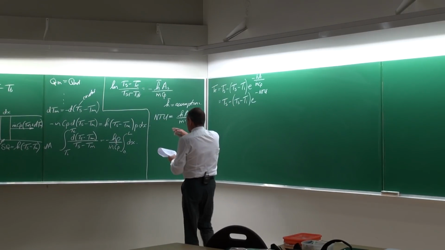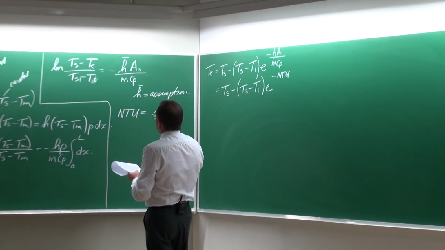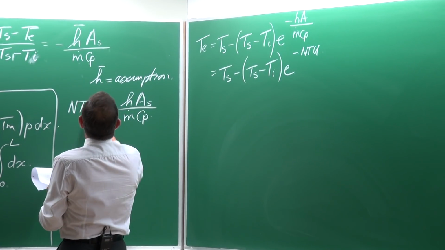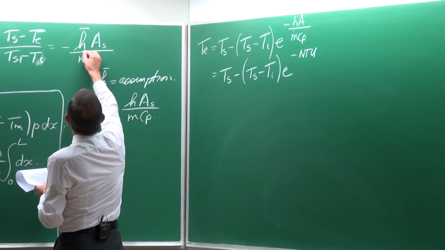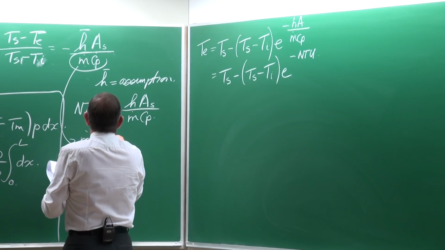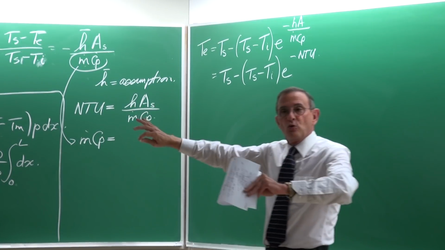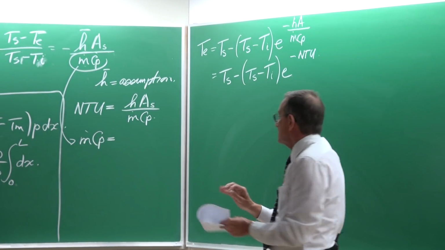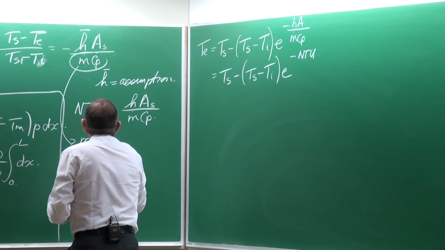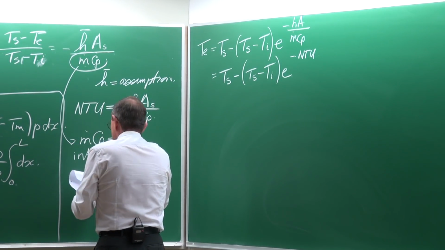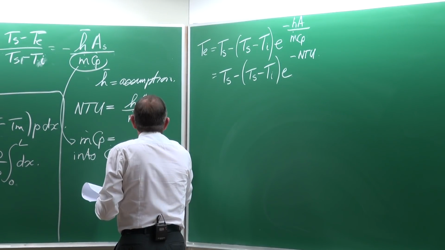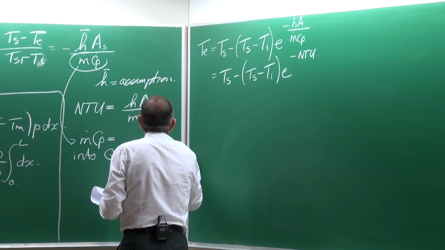Okay. Now, what we can do is take this equation, take out the m dot Cp and write the equation as a function of m dot Cp, and then put it into the equation of the heat transfer rate, which is equal to the mass flow rate Cp multiplied by the outlet temperature minus the inlet temperature.